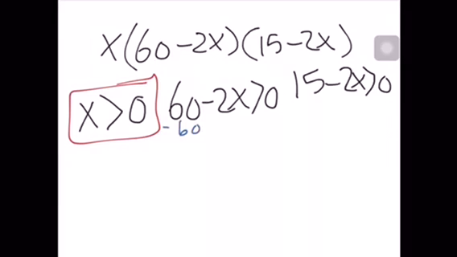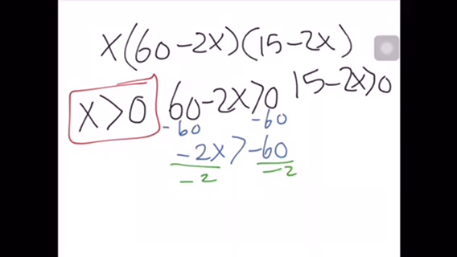Minus 60 minus 60, minus 2x is greater than negative 60. Divide by negative 2, divide by negative 2. We have to flip the sign now. So, x is less than 30. We're going to do this now.